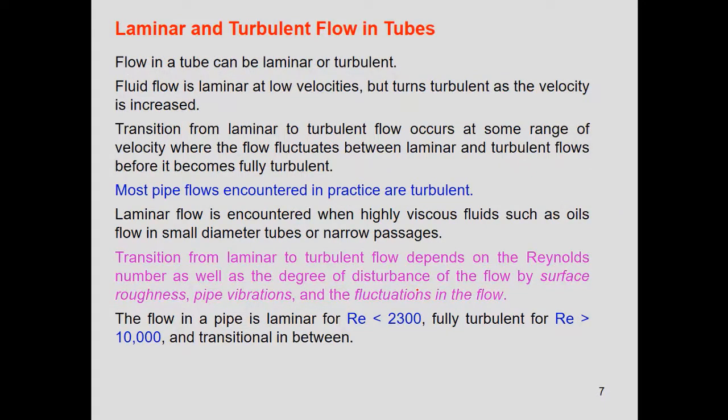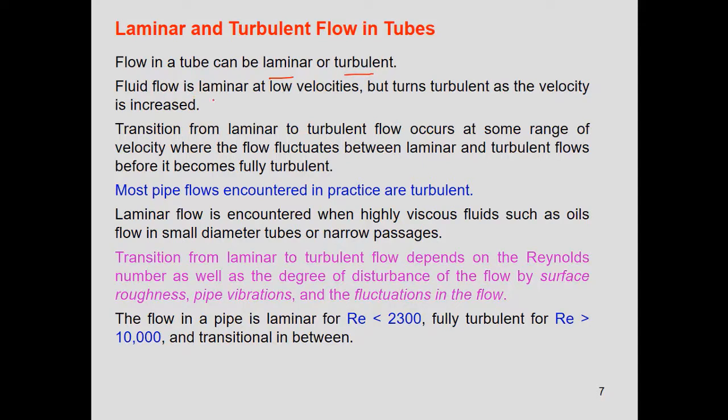Now let's see how the characteristics of the fluid are effective on this temperature and also the velocity of the fluid in the tube or pipe. As you know, flow in a tube can be laminar or turbulent according to its Reynolds number.